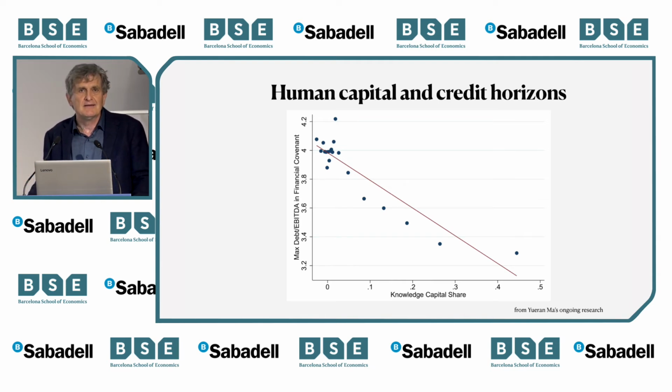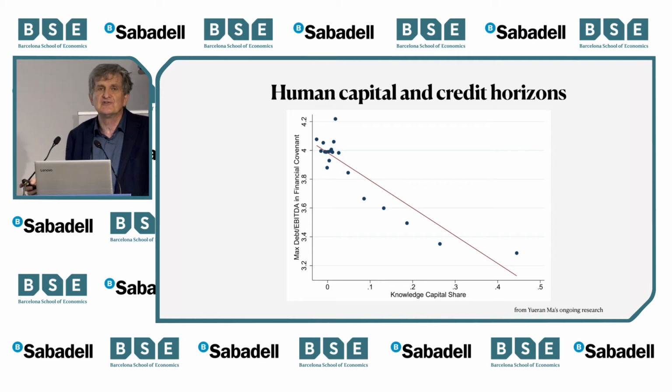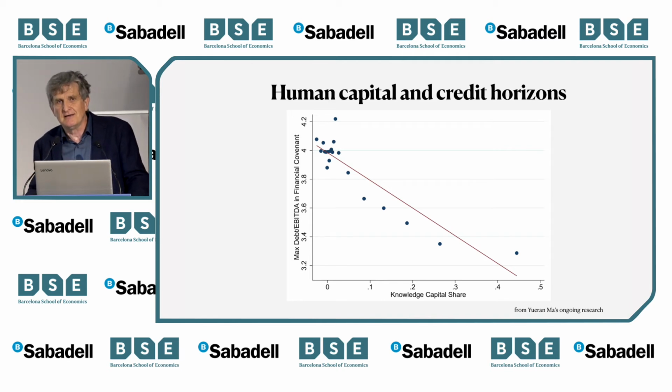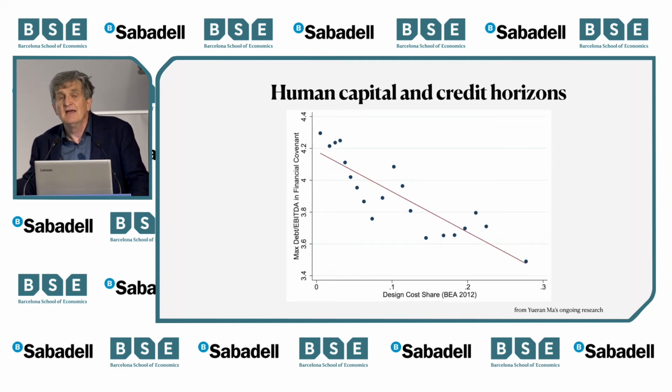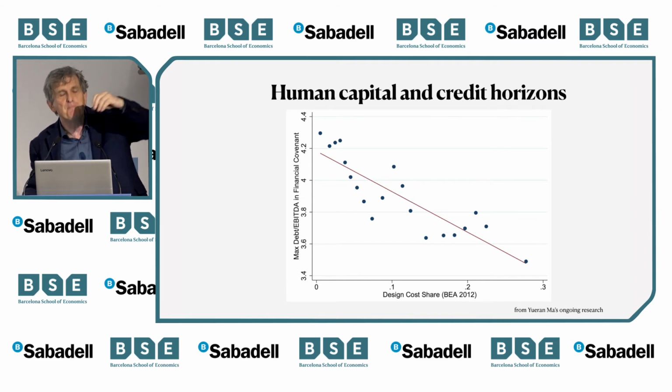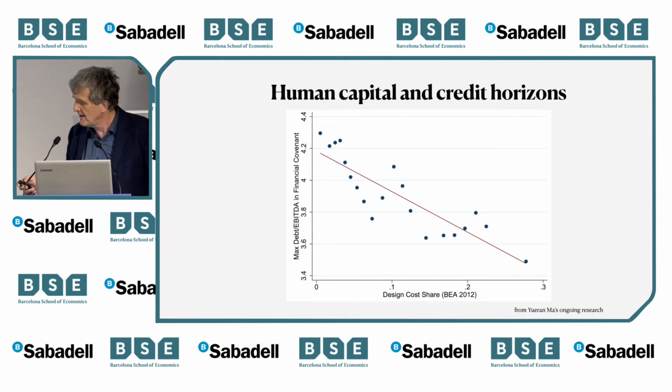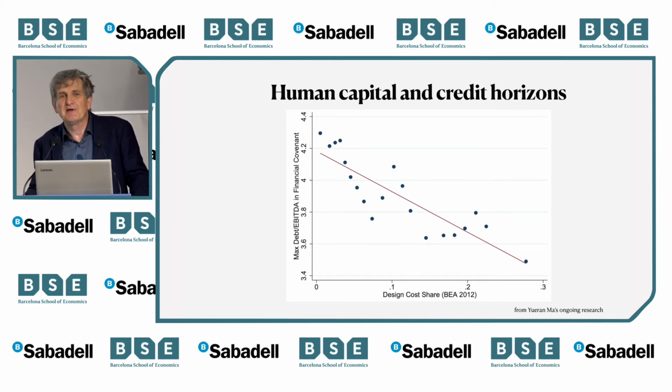For example, the fraction of the capital which is embodied R&D, accumulated R&D, which is what's on the horizontal axis here. And the further to the right we are in this diagram, the more funky it is, or to put it another way, the more vulnerable the owner is to having the cherry being bitten into, and therefore one might imagine the tighter will be the borrowing constraint. And yes, indeed, it is the case that the 3.5 to 4.5 multiple goes towards 3 as you become more funky.